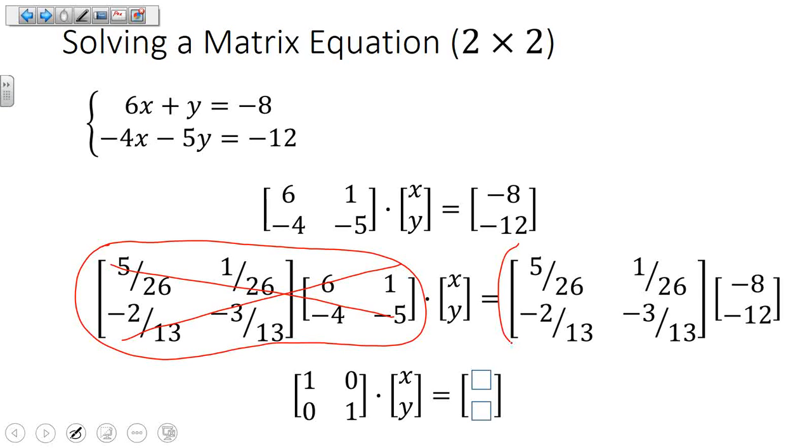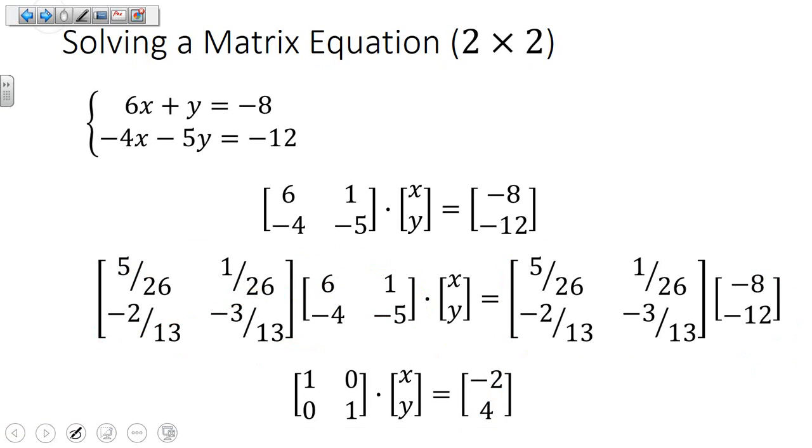Spend your time back here doing this product. That's going to create your two answers as long as you do it right. So that's where you spend your time. You spent the time creating the inverse. That's going to create the identity. Spend your time multiplying at the back. And once you do, you've got your two answers. So my solution for this system of equations is x equals -2, y equals 4.